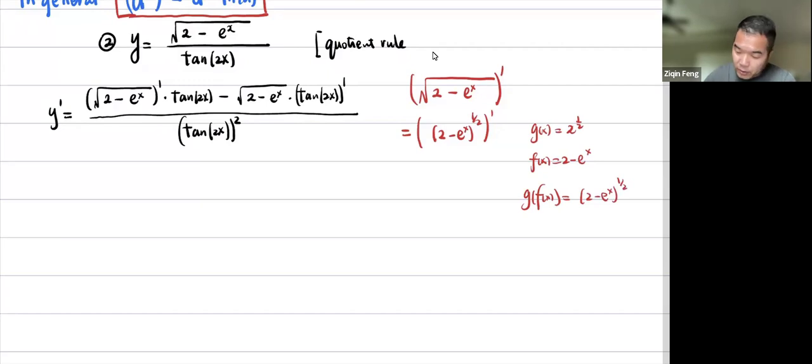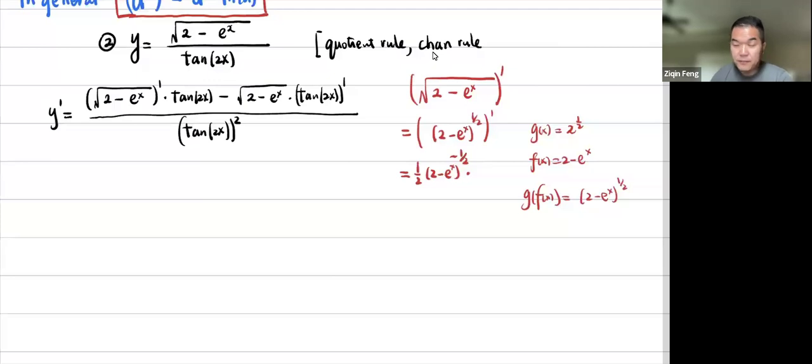Our second rule we want to apply is the chain rule for sure. We do have to use the derivative of e to the x and also the difference of two functions. So this is equal to, we know how to differentiate the outer function, which is 1/2 times 2 minus e to the x to the power 1/2 minus 1, which is negative 1/2, times the derivative of f.